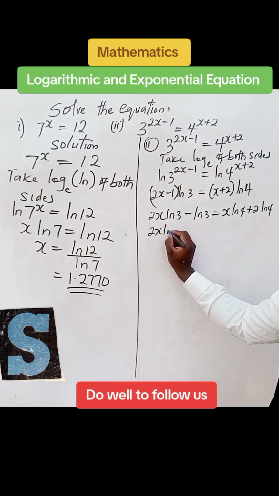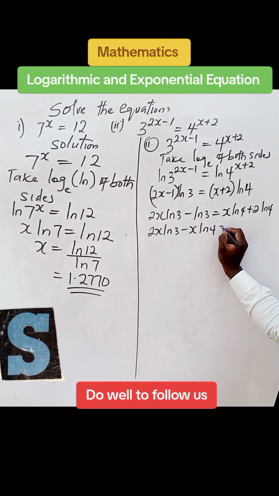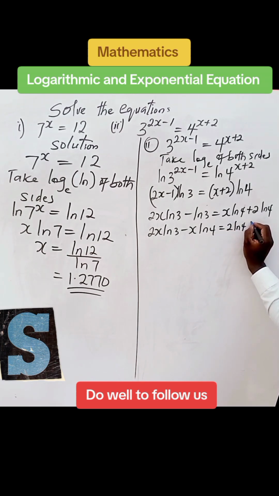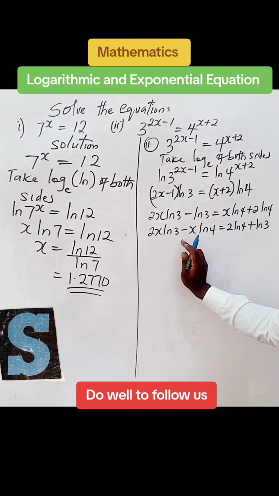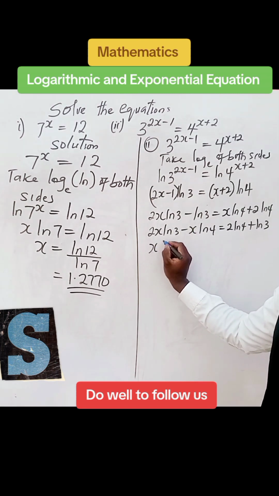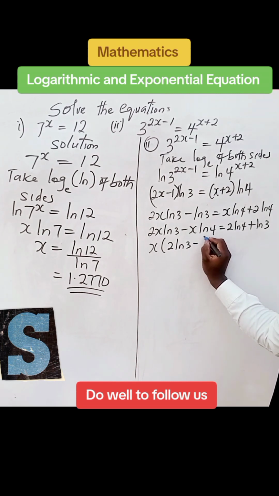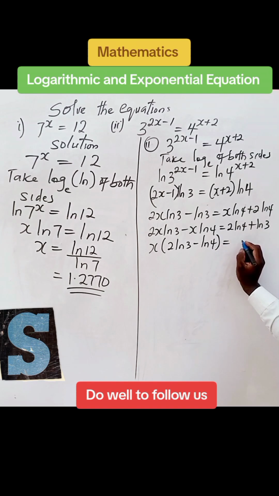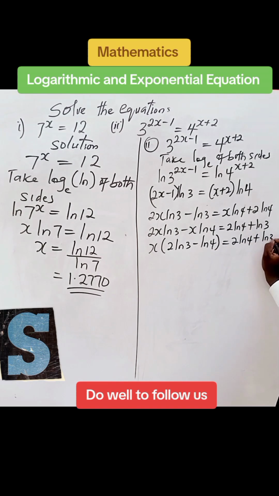So I have 2x ln 3 minus x ln 4 equals 2 ln 4 plus ln 3. Alright, so we've arranged this. The next thing you do is to factor out the x. So you have x times (2 ln 3 minus ln 4) equals 2 ln 4 plus ln 3.